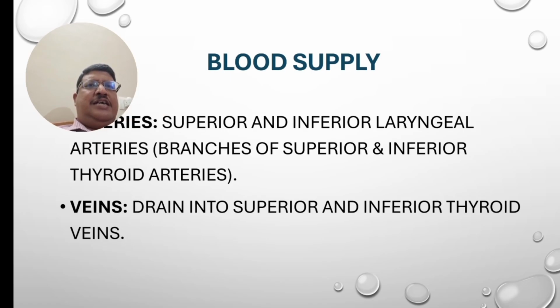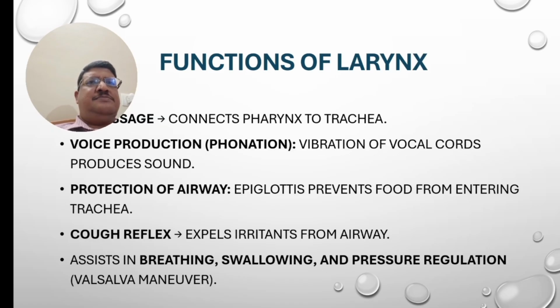Blood supply: arteries are the superior and inferior laryngeal arteries, branches of the superior and inferior thyroid arteries. Veins drain into the superior and inferior thyroid veins.